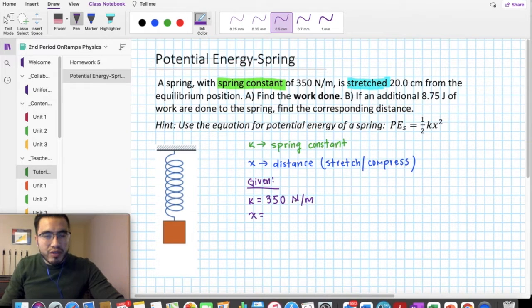Notice how the unit is newton per meter, so we have to convert this into meters. Now, centimeters, the prefix centi, that is times 10 to the power of -2. Just hopefully you remember that 100 centimeters equals 1 meter. So if we go from centimeter to meter, we move the decimal point 2 spots to the left because 100 has 2 zeros. So that'll be 0.2 meters.